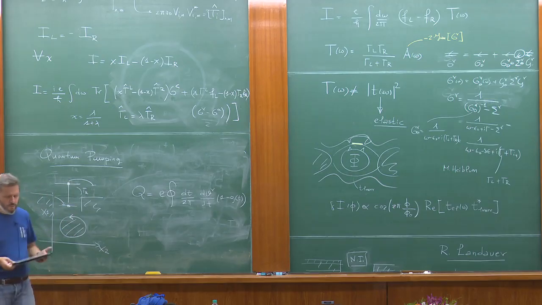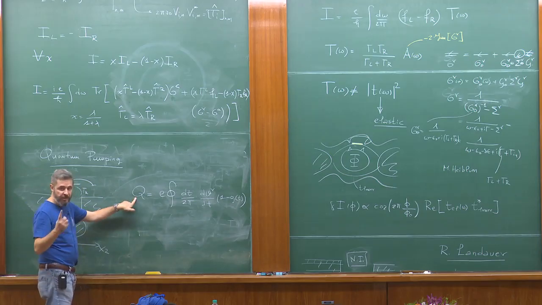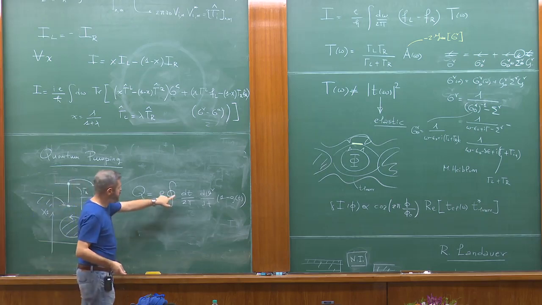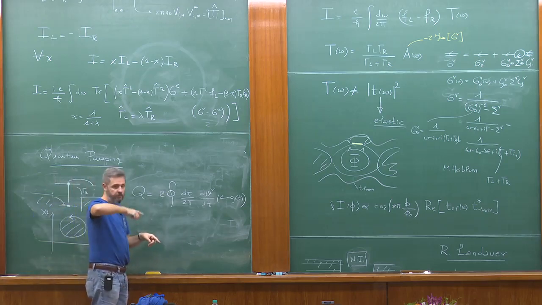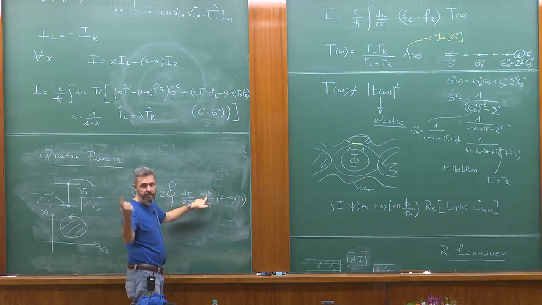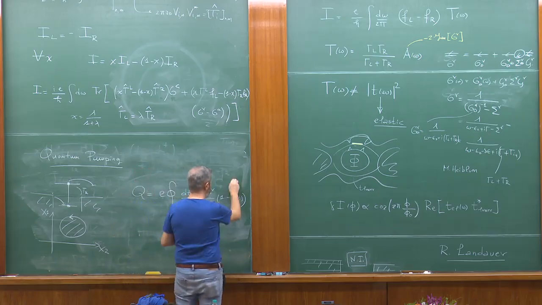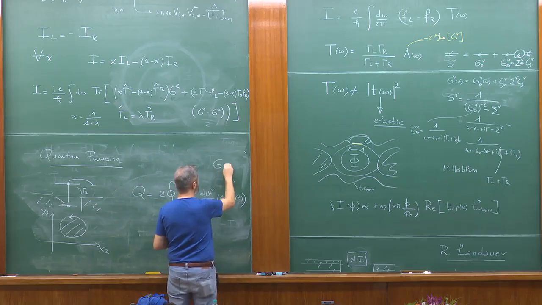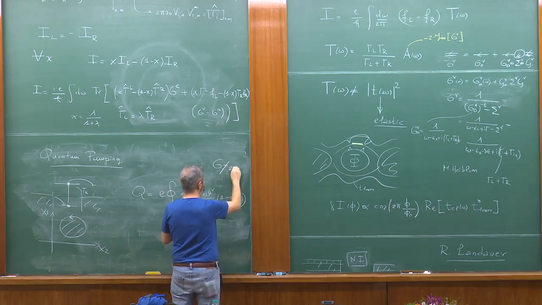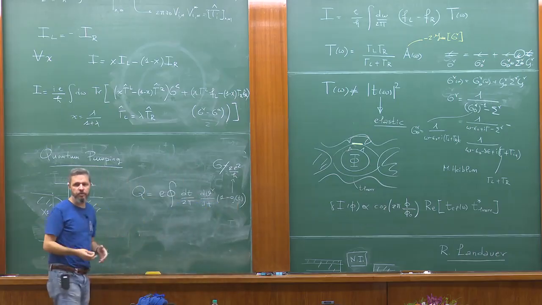And then what Brouwer tells me is that, look, if you have a non-interacting system, the charge that you pump per cycle is e times the integral over the cycle of the derivative of the reflection phase, this is the phase of the reflection amplitude, times 1 minus the dimensionless conductance. So this is the conductance divided by 2e squared over h. So it's essentially the transmission probability.